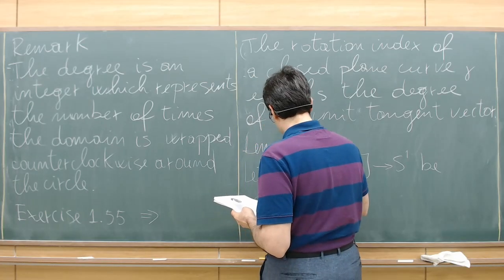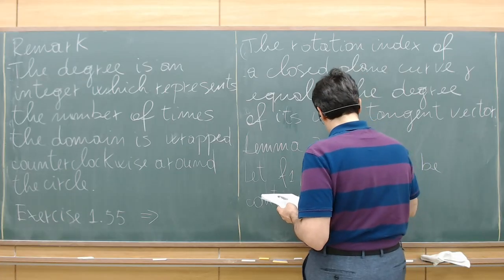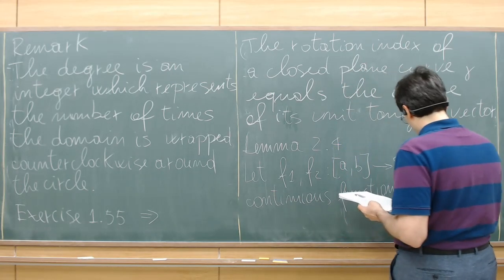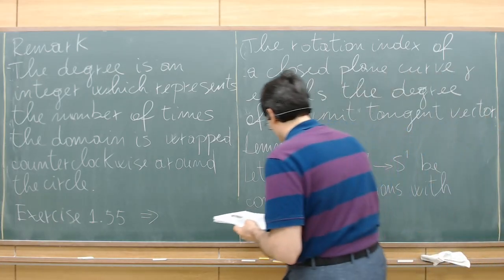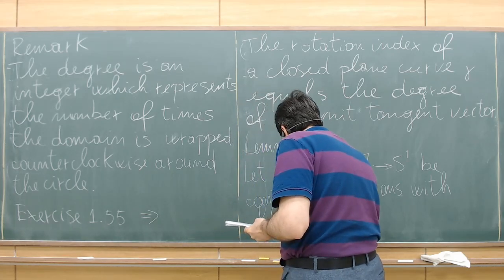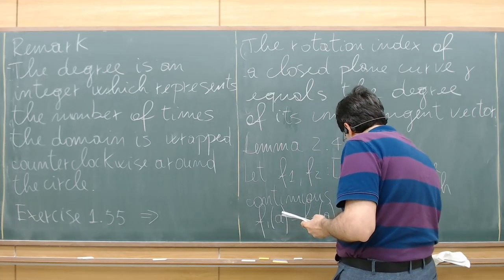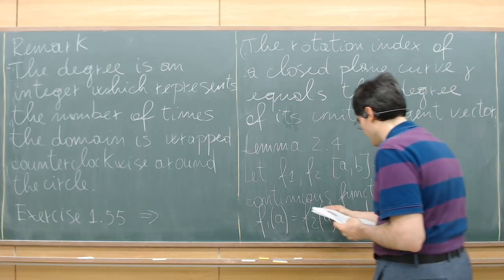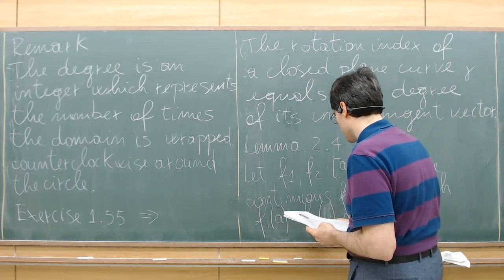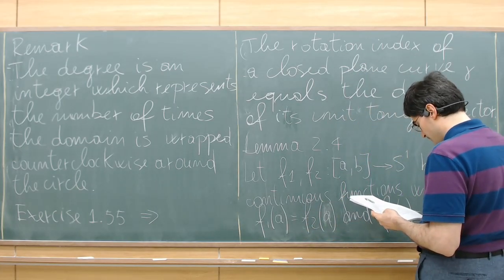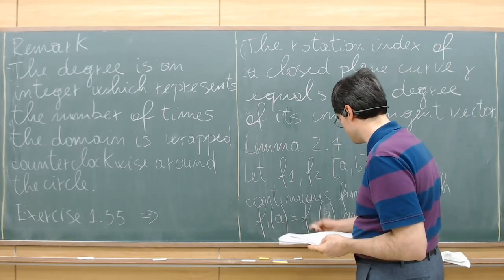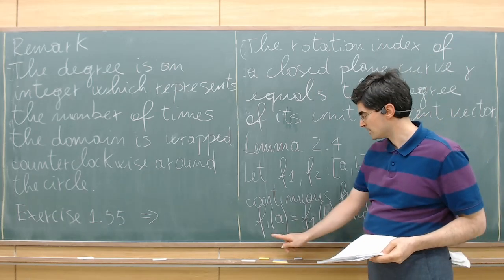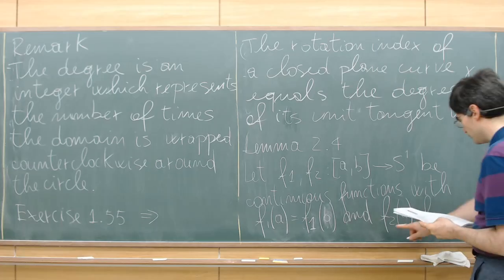These functions are supposed to be continuous and with f1 of A equal f1 of B and f2 of A equal f2 of B. Sorry, I made a typo, I made a mess here.